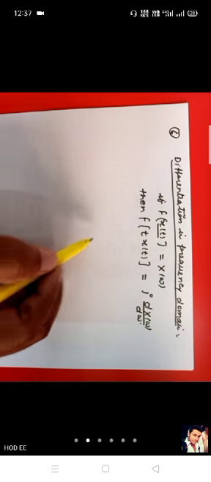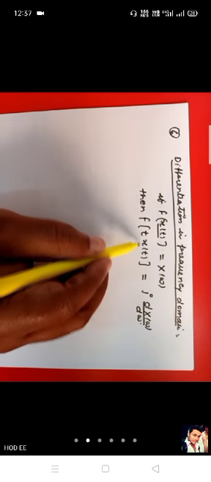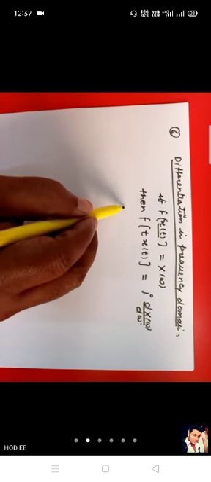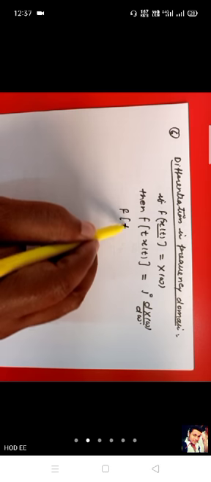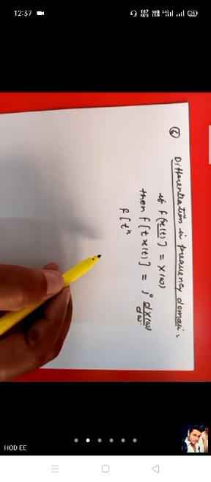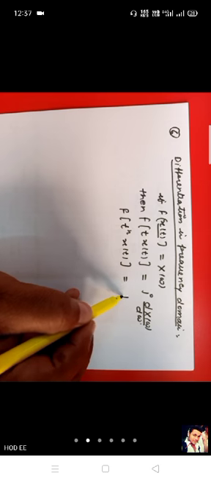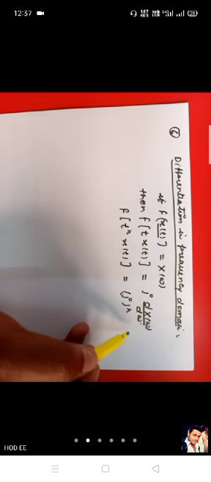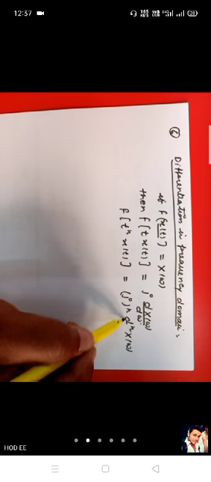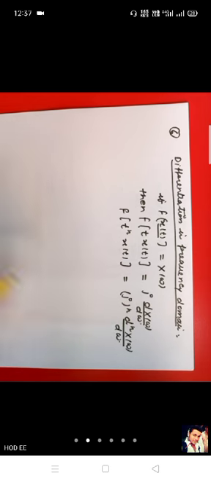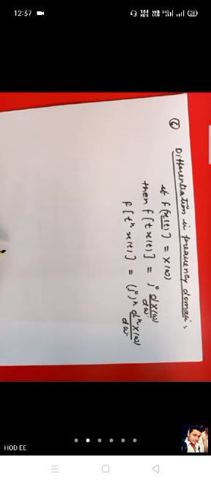Okay, now this time may be multiplied by xt. Suppose it is multiplied by t to the power n, it may be t square, t cube xt, then the general formula will be equal to j to the power n nth derivative of x omega with respect to omega. Okay, this is the general formula.